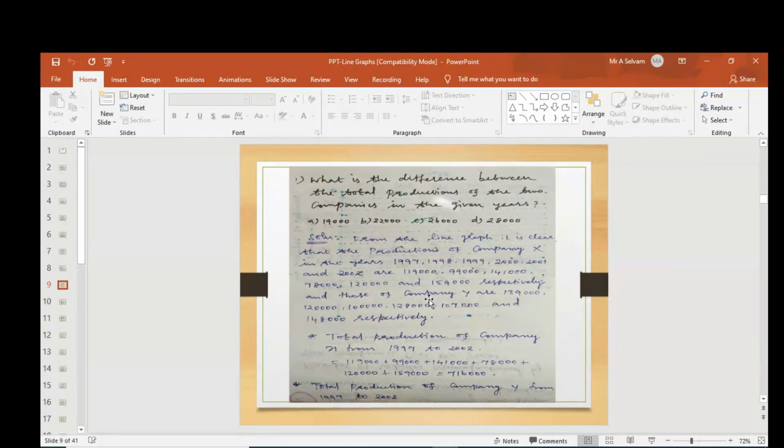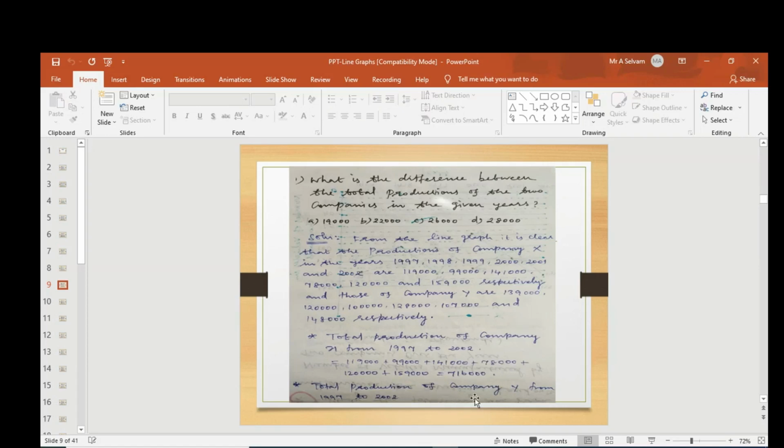Now the total production. Look at what they are asking in the question: what is the difference between the total productions of the two companies? The difference between the total production of the two companies. Now we have to add together the X manufacturing company values in the given years from 1997 to 2002, and we get 7,16,000.